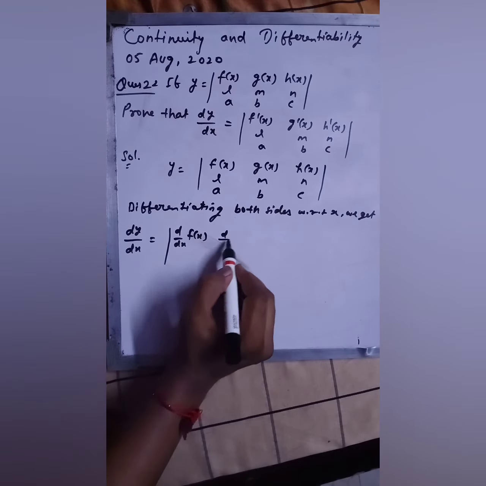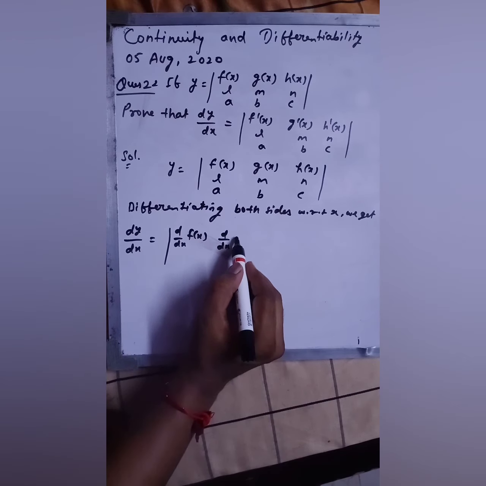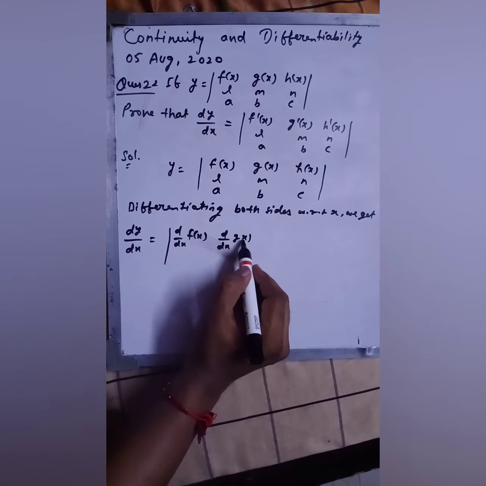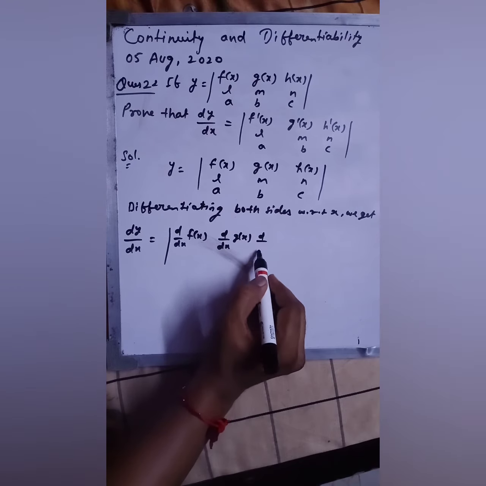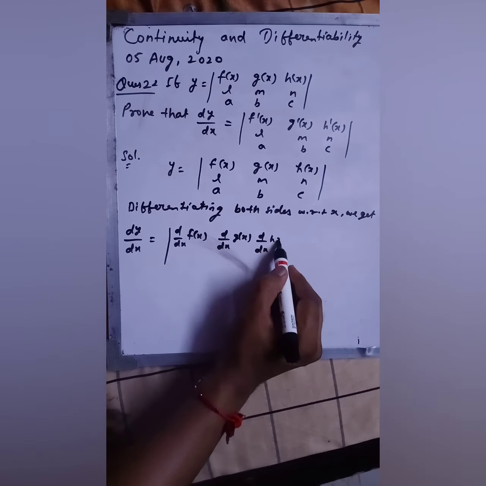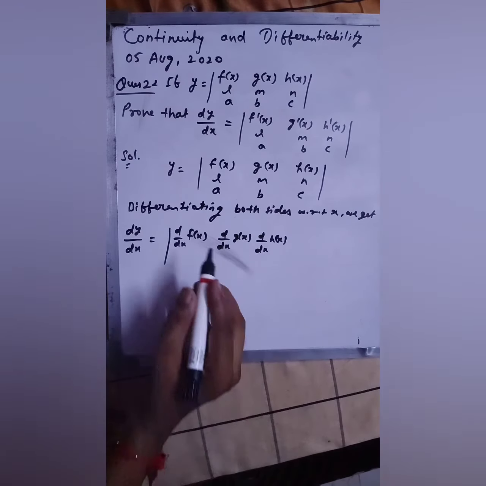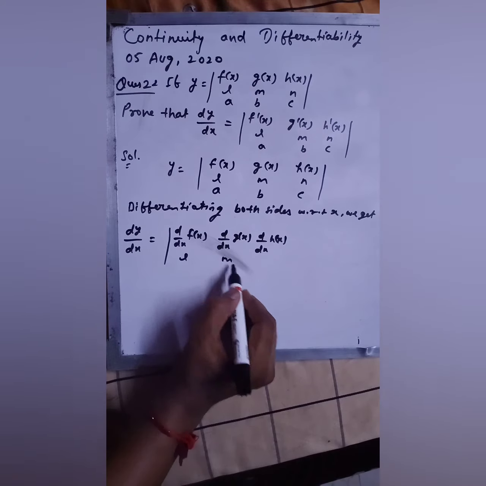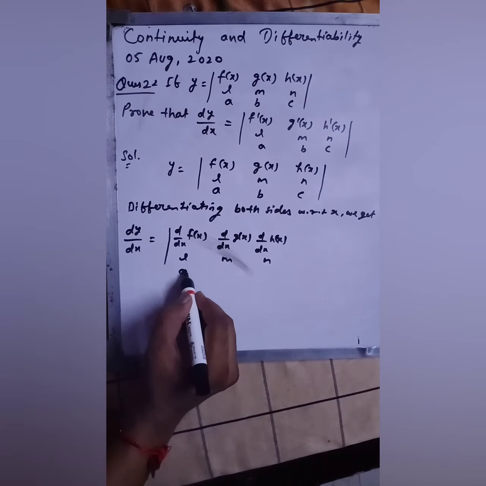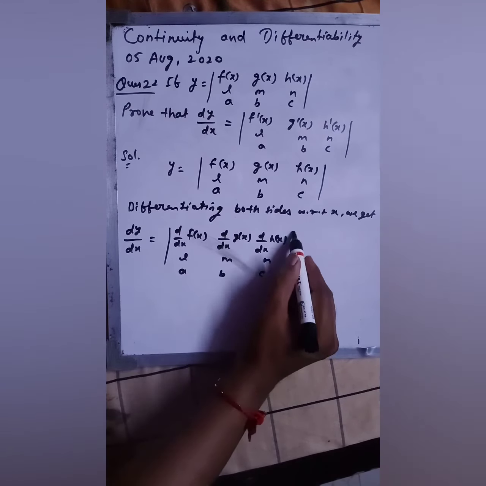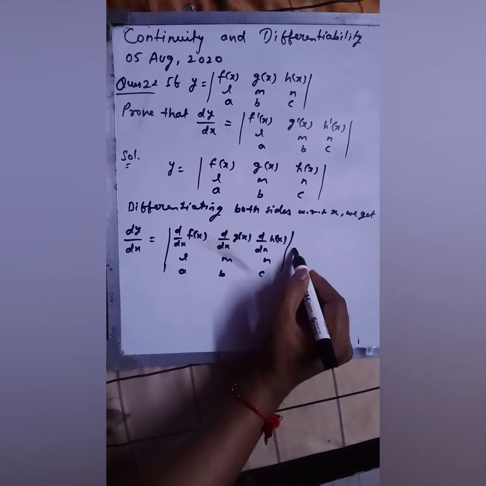So I am writing d by dx of fx, d by dx of gx, d by dx of hx. The second row and the third row will remain the same, plus.